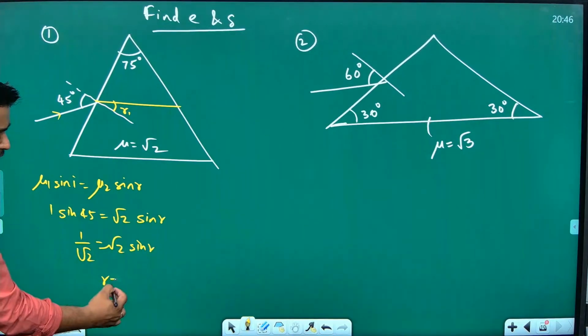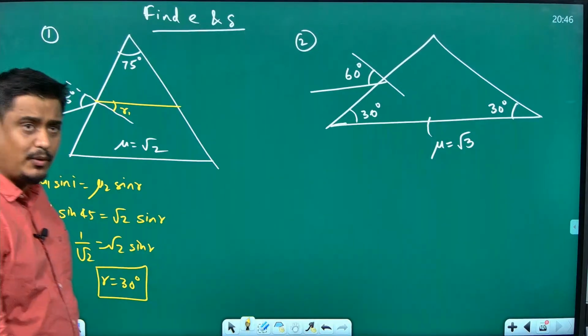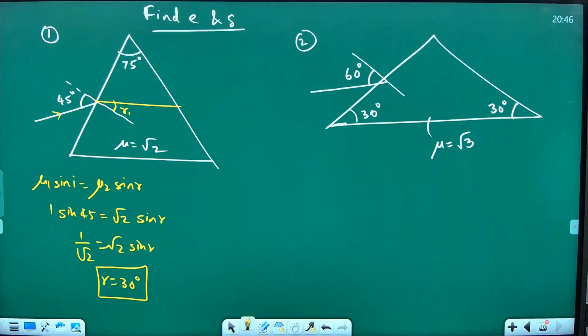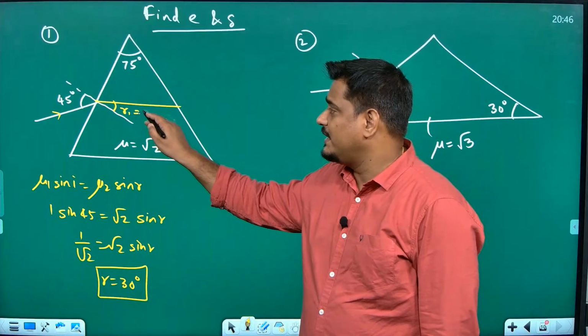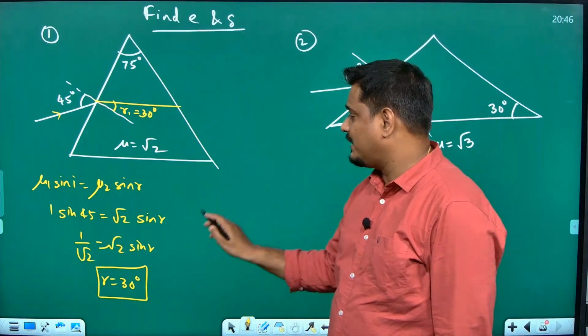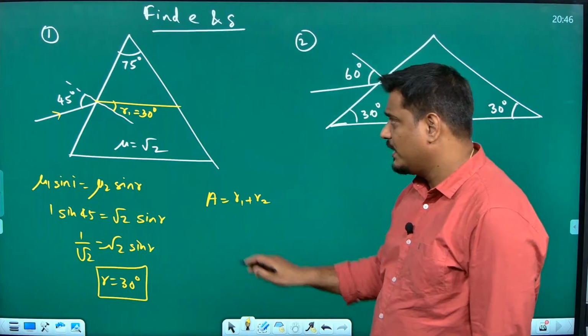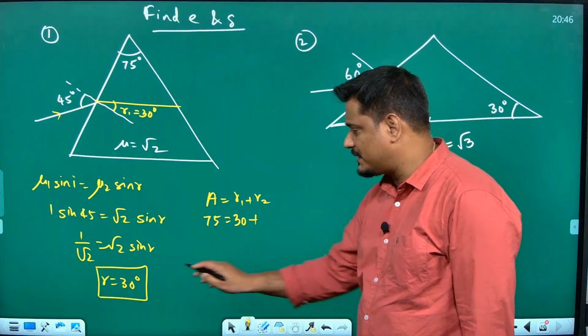From here you are getting R as how much degrees? Any problem in this? I don't think you have any problem in this. So you got the value of R as 30 degrees. This is 30 degrees. You know that just now we have solved A is equal to R1 plus R2. A is how much? 75 is equal to 30 plus R2, this was R1 by the way.